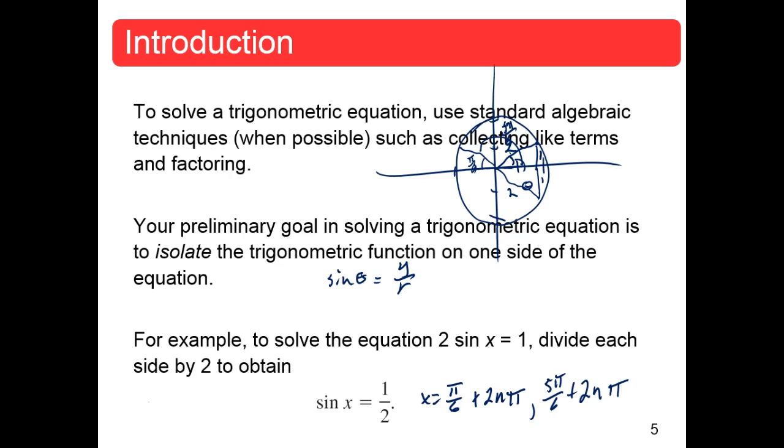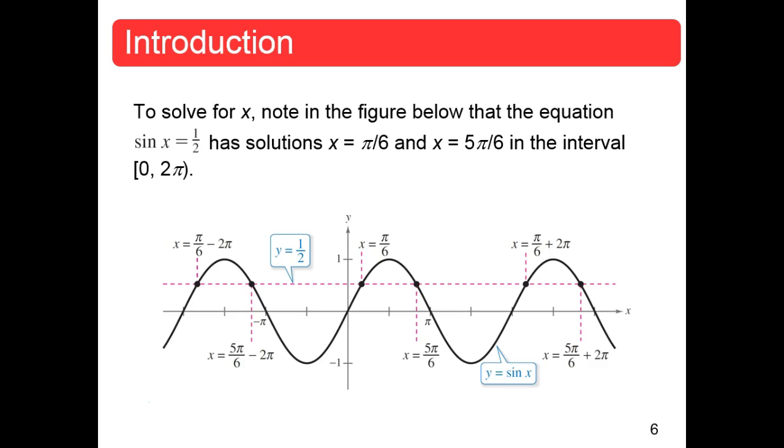Okay. They didn't carry it that far, I don't think. They were just using that as an example. Oh, no, they did, didn't they? Let's just see. Yep, they did pi 6 and 5 pi 6. Here's a pi 6. And here's a 5 pi 6.